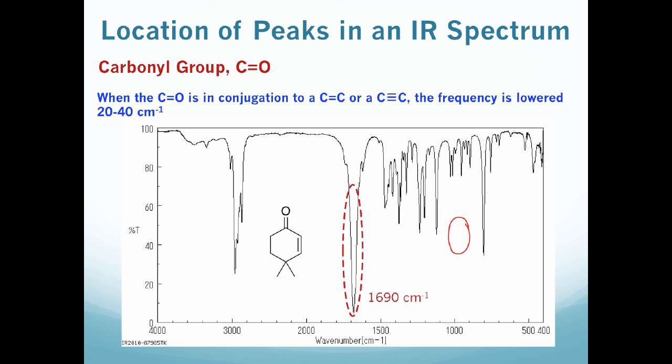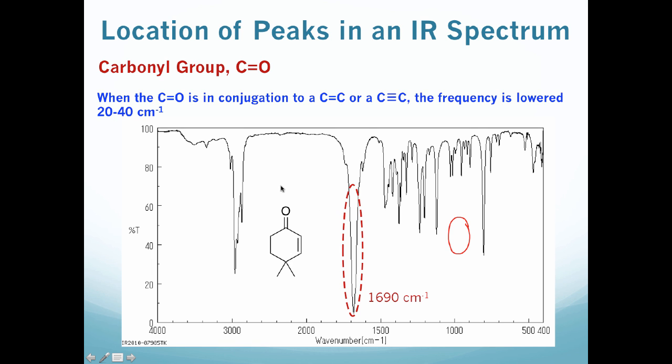Now, one effect that you're going to see is that if the carbonyl is in conjugation with a double or triple bond, the stretching frequency of that carbonyl is going to be lowered by 20 to 40 wave numbers. So here we have a carbonyl that's in conjugation with this pi bond.